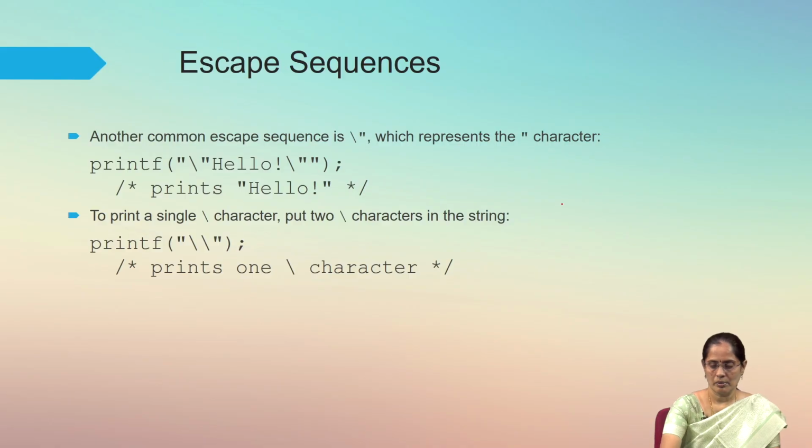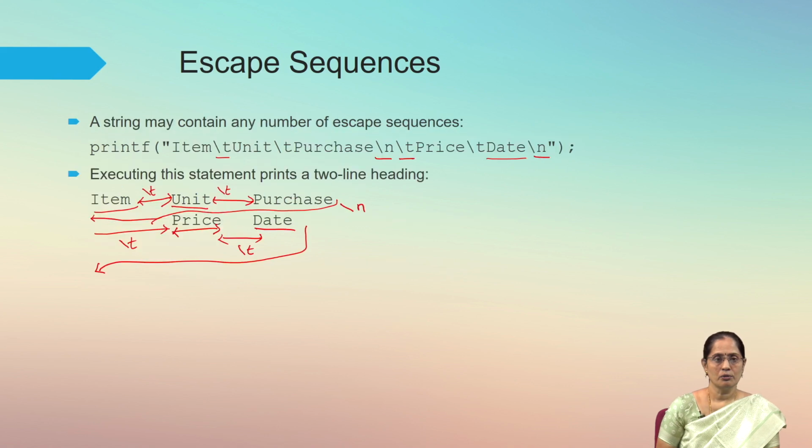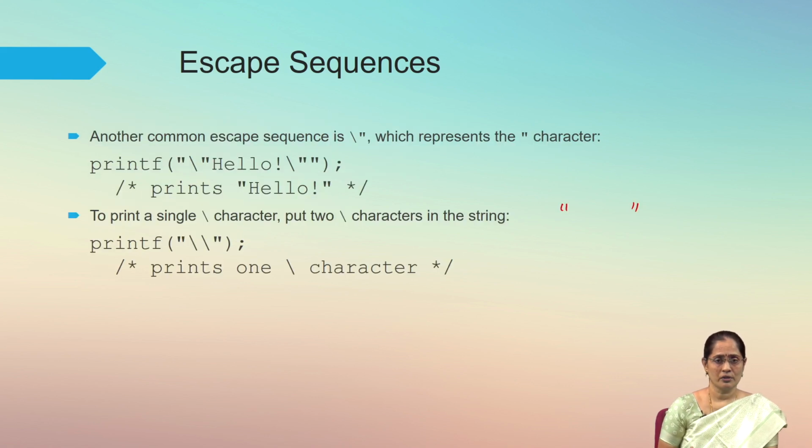And sometimes we may want to display double quotes itself in the output, but we are using the double quotes for representing the format string. Then how will the compiler be able to differentiate between the format string and the symbol double quotes?